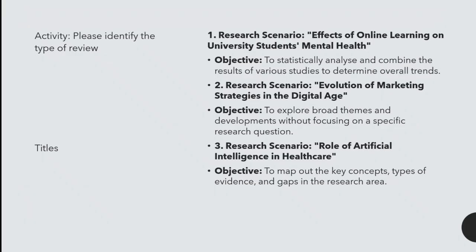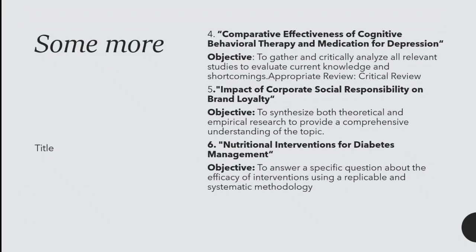All right, and then I will leave the next 3 for you to try and identify. Comparative effectiveness of cognitive behavior therapy and medication for depression, to gather and critically analyze all relevant studies to evaluate current knowledge and shortcomings. That will be a critical review.